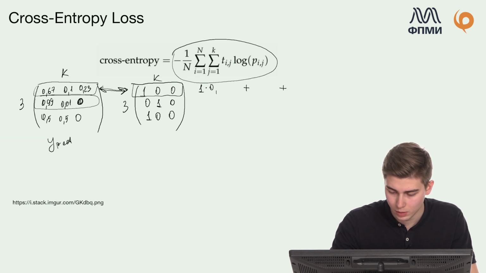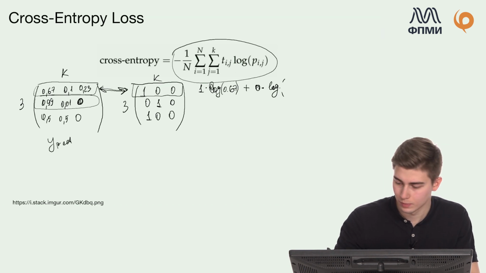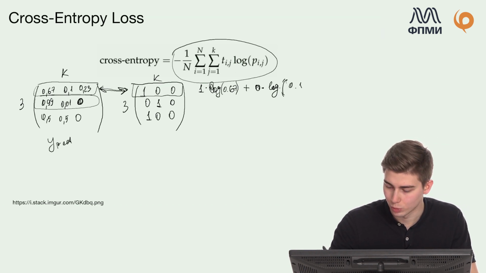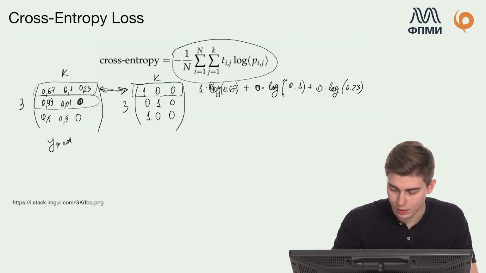Multiplied by logarithm of 0.6, plus 0 multiplied by logarithm of 0.1, plus 0 multiplied by logarithm of 0.3. This is for the first object, and plus just the same for the second object.